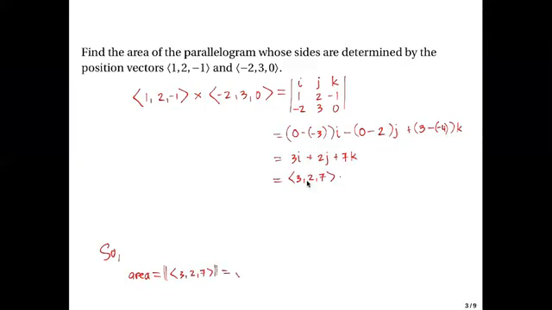So this is equal to the square root of 3 squared plus 2 squared plus 7 squared, or the square root of 9 plus 4 plus 49. If you add them, 9 plus 49 is 58, plus 4 is 62. So this is equal to the square root of 62. Okay?